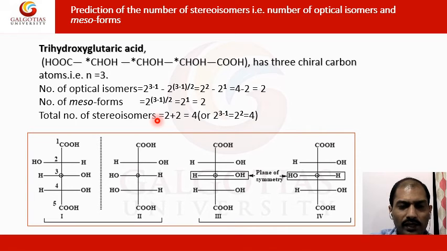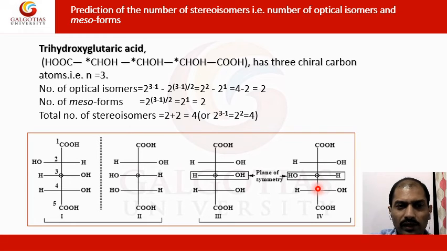Another way is drawing their actual structures and then visualizing the molecules with a mirror image, and checking whether there is a plane of symmetry or not. But this is a time-taking process. You have to draw all the structures, imagine them, and check whether this is happening or not.